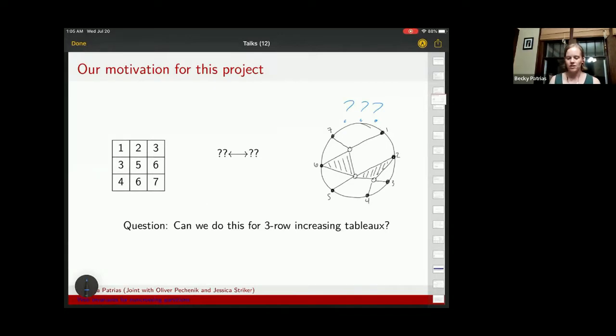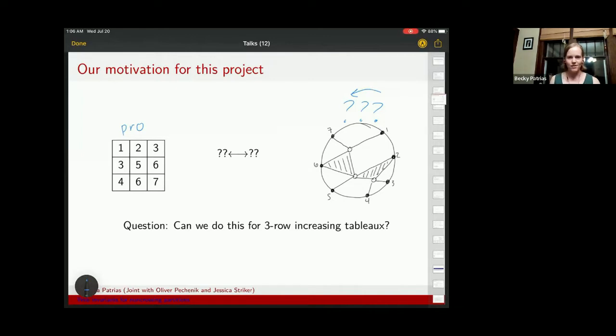One of the motivations for this is, of course, that we want promotion on the left to correspond to a rotation on the right, which is going to give us information about the order of promotion on these 3-row increasing tableaux. So that's where we're coming from. This is the question we originally wanted to answer: what kind of object can we make on the right to give us this nice bijection that's going to work nicely with promotion?